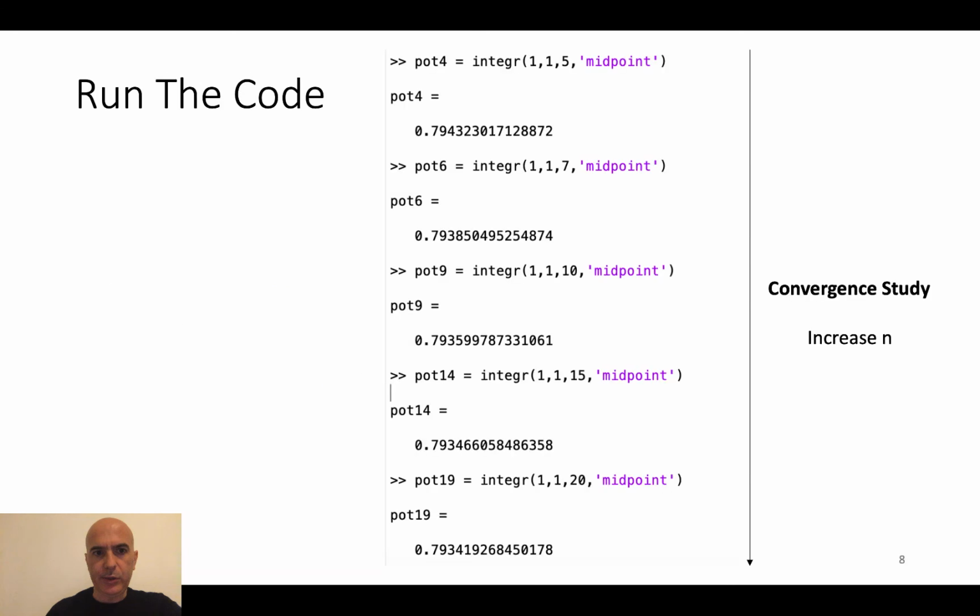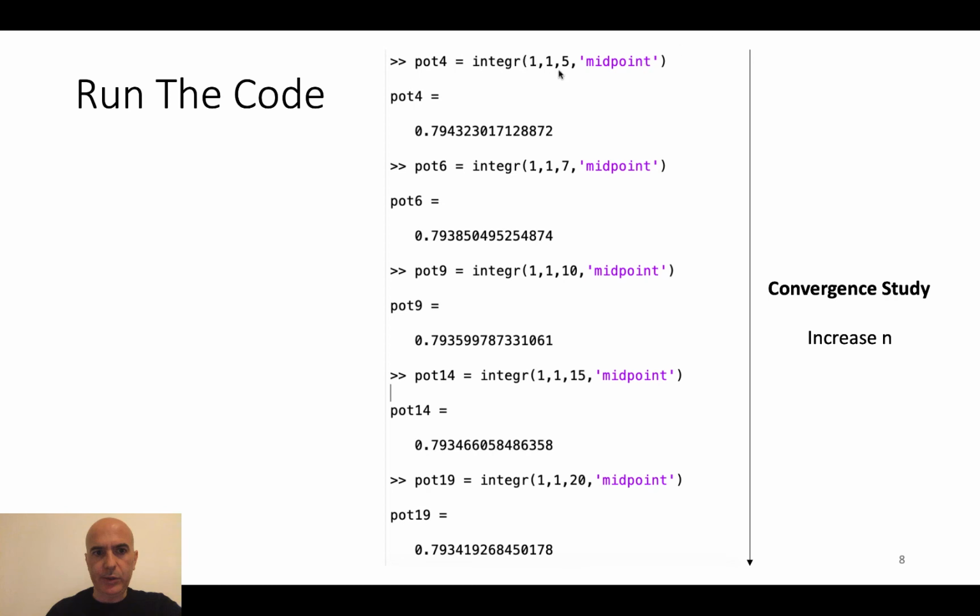I can run the code calculating the potential at z equal to 1 with a square of size 1, and then I use 5 squares along the x direction and 5 squares along the y direction, and I'm using the midpoint rule.